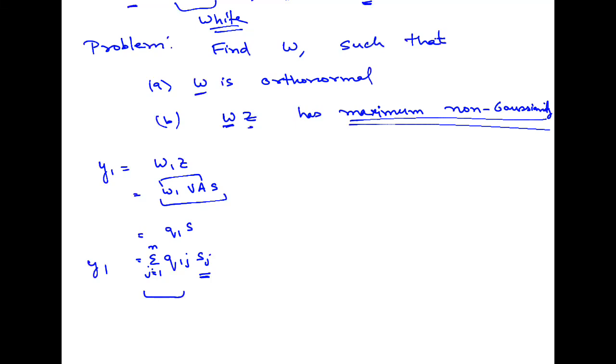So for S1 I have some non-Gaussianity and so on. If I choose W1 such that the non-Gaussianity of Y1 is maximum, what will the corresponding Q1s be? Are you understanding my question?